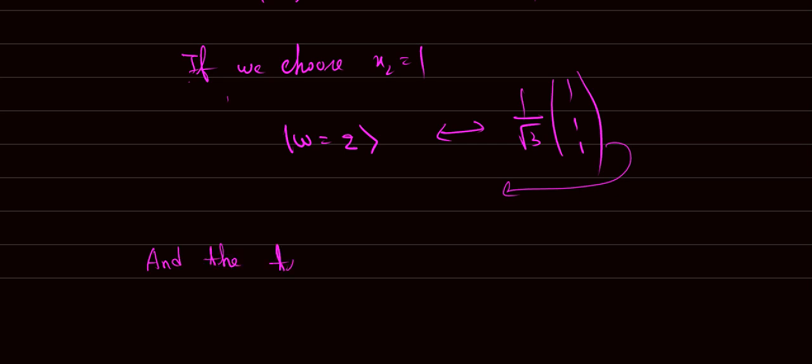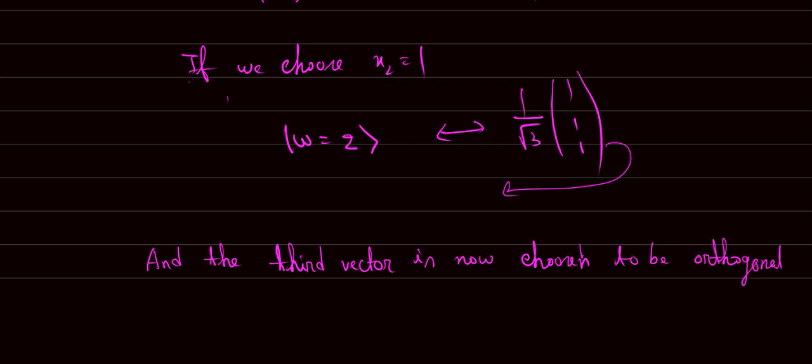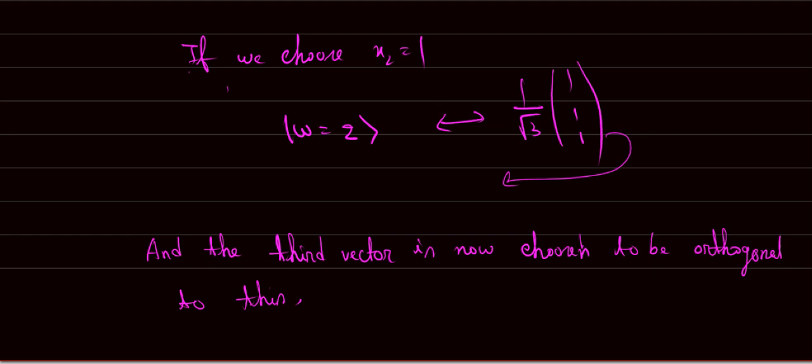So the third vector is now chosen to be orthogonal to this, and by simple calculation we will find this will be 1 by root 6 times 1 minus 2 1.